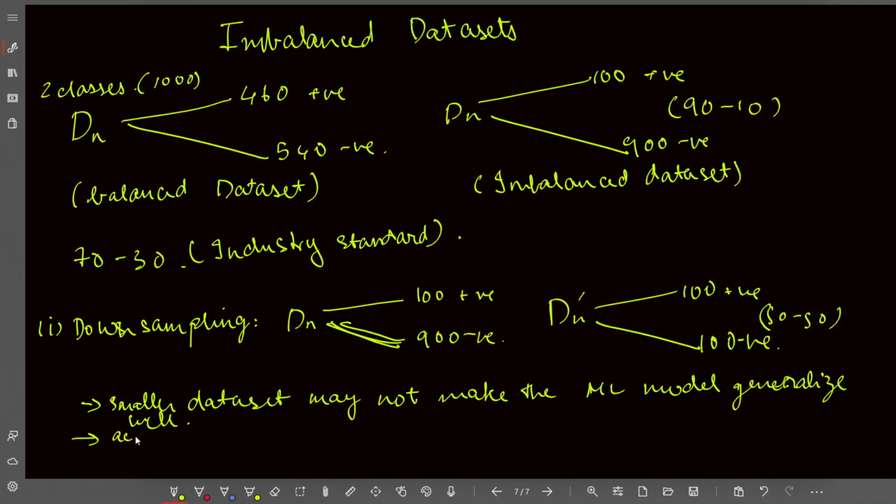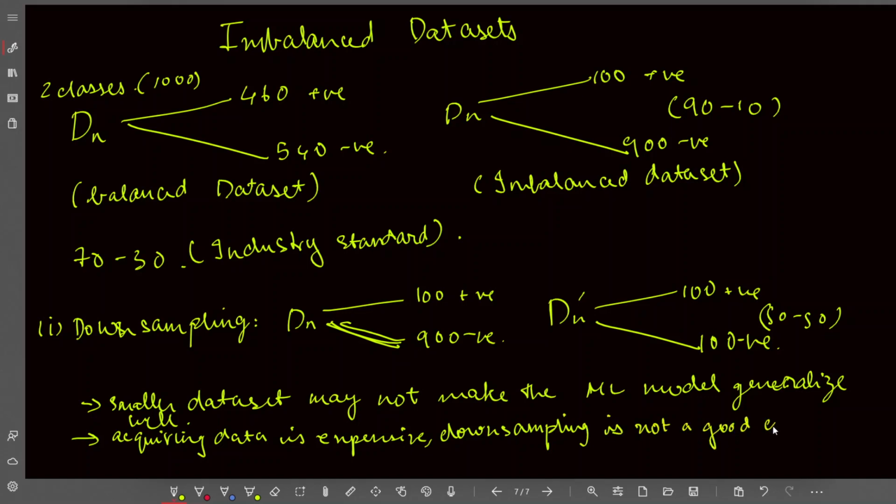Because acquiring data is expensive, downsampling is usually not a very good choice to deal with imbalanced datasets.